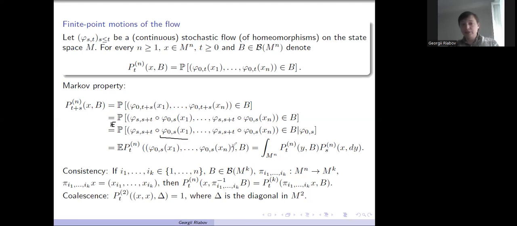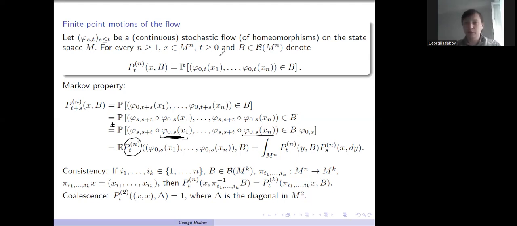And by independence, the conditional probability is computed as follows. We just fix the values of phi_{0,s}(x). Then the probability is equal to P_n(t, ...) with the starting points phi_{0,s}(x).